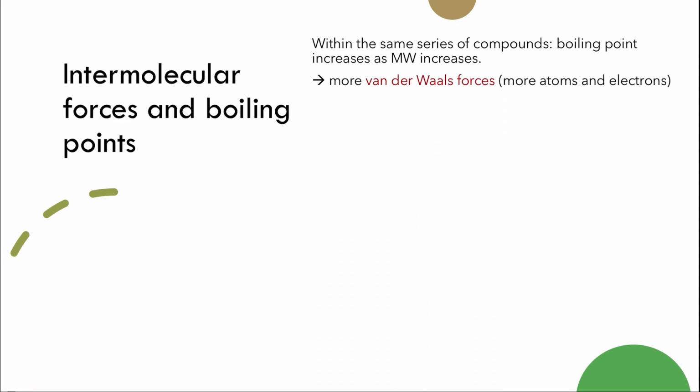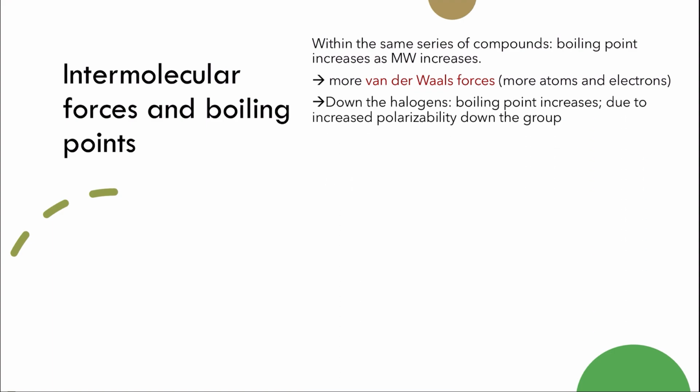The main reason for that is we have more van der Waals forces. If the chain of the carbon increases in size, then you have more atoms, and then you have more van der Waals interaction between these atoms, and that will increase the boiling points and the melting points.